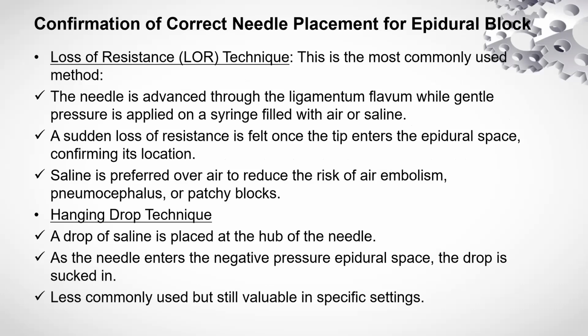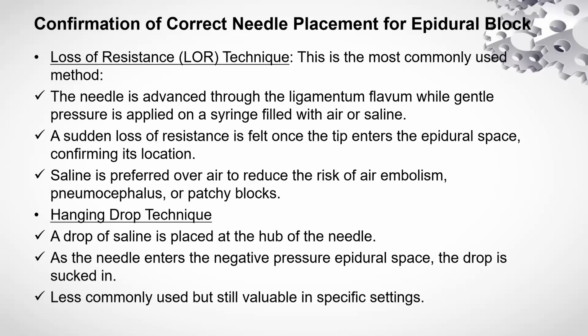So we have other ways. We have the hanging drop technique. And for me, I like to do the two of them, both loss of resistance and the hanging drop. In hanging drop, you place a drop of saline at the hub of your epidural needle.